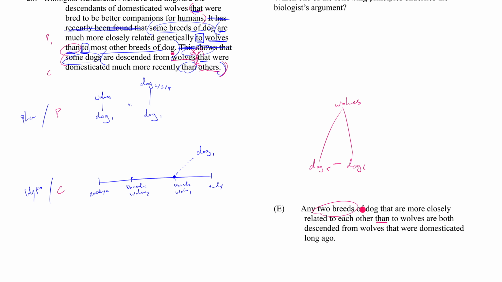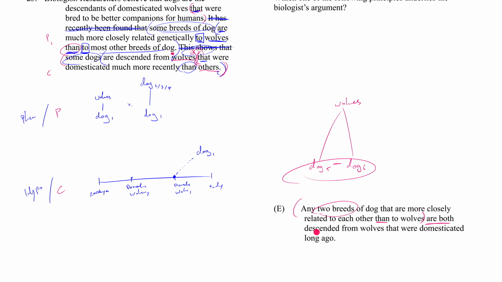That's the any two breeds, and it doesn't have to be particularly 5 and 6. You can swap out 5 for 8, 6 for 9, whatever fits this criteria, that they are more closely related to each other than they are to wolves. What about them? So there's the subject. If you are a pair of dogs that meet this criteria, then I want to say this about you.